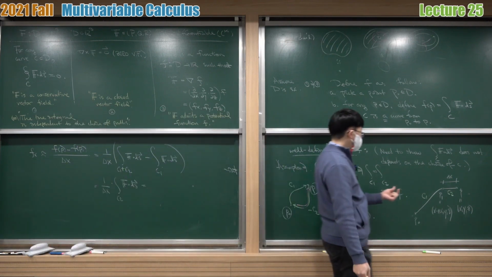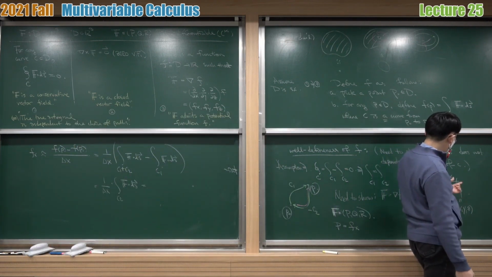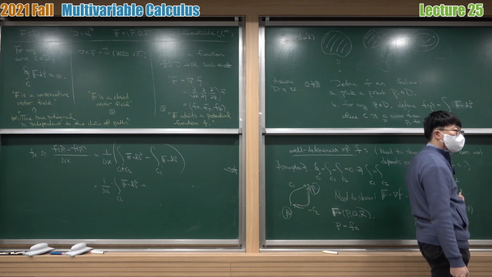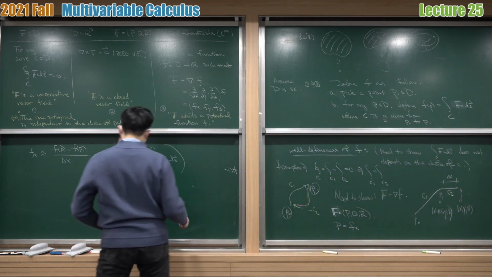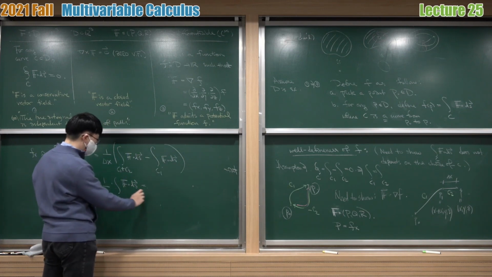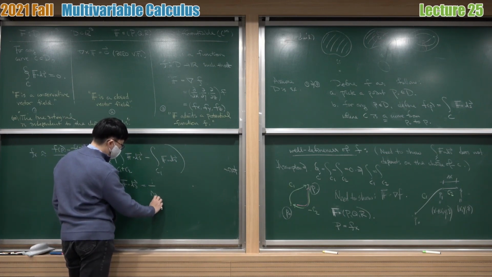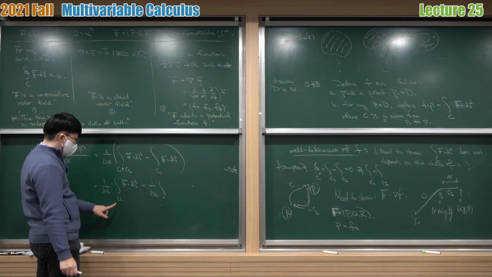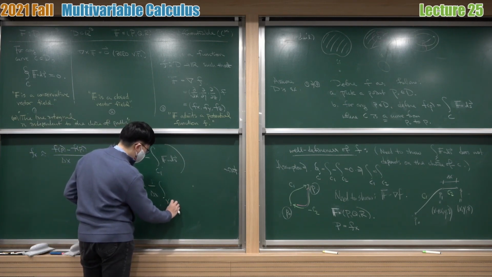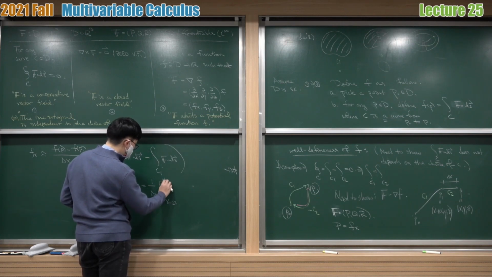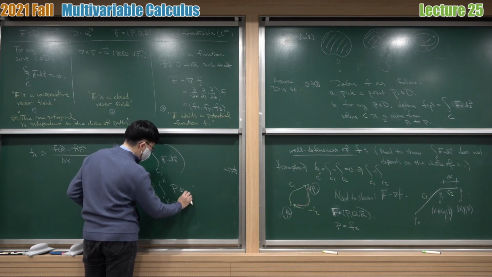On C2, we don't have a change in the y or z direction, so you only take account of the x direction. Only P survives. On C2, I only change x from x minus delta x to x, of P dx.